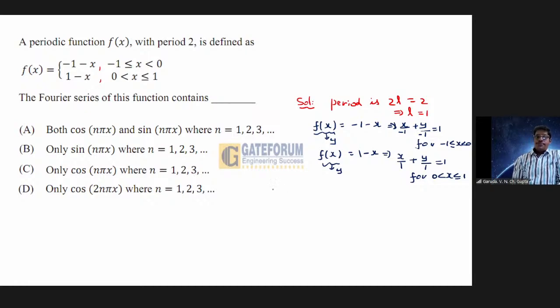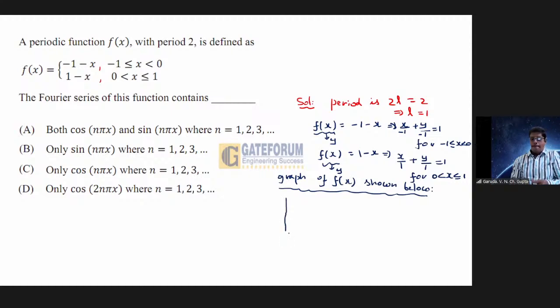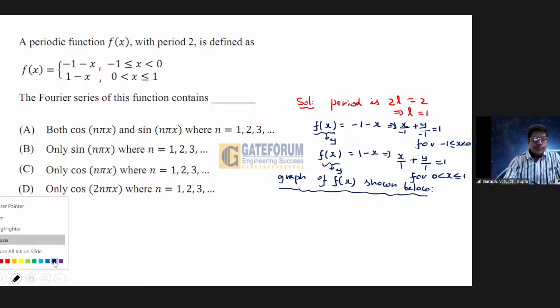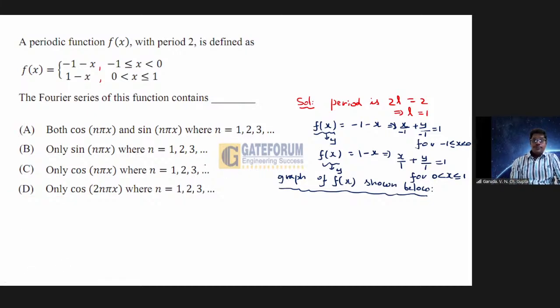So therefore, the graph of f of x is shown below. Y-axis, x-axis.